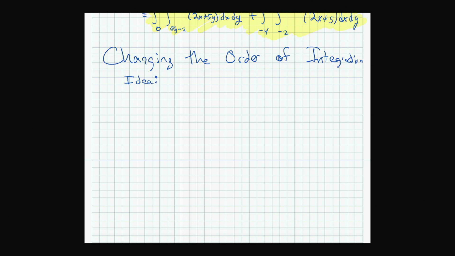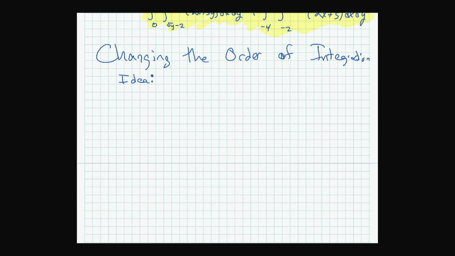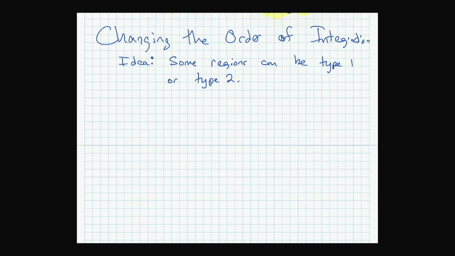You know that already some regions could be type 1 or type 2. And the other thing is that it's possible that you have an integral that's one type, but if you were to change it to the other type, the integral would be easier.